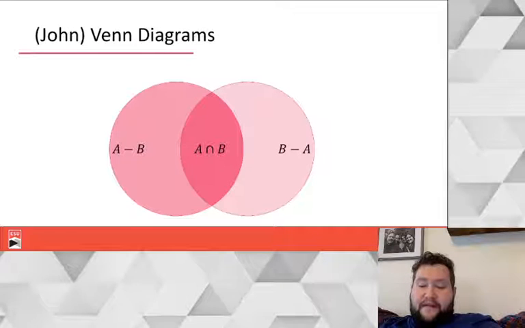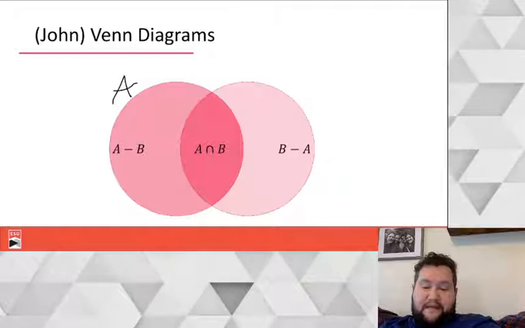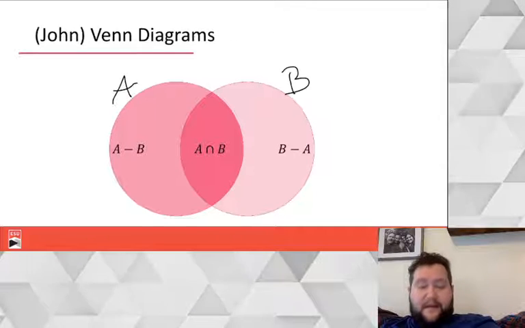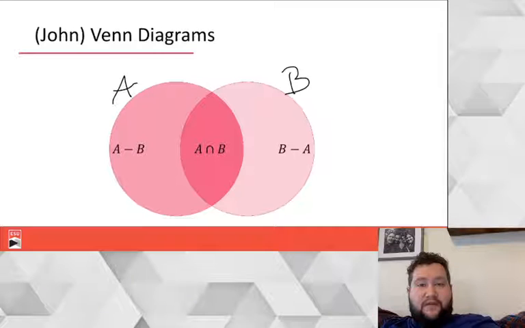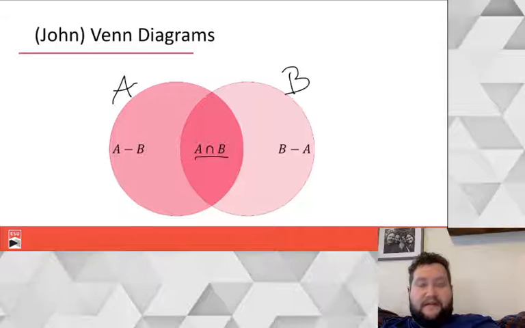If this set on the left is A, and this is B, A take away B, and B take away A are those outside partial circles, and that intersection is A intersect B.